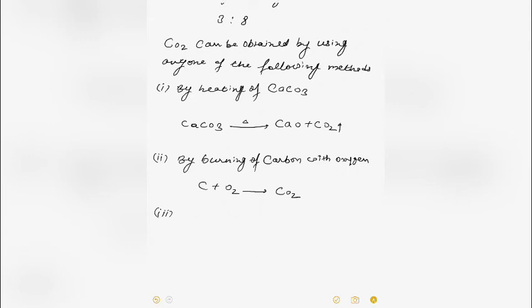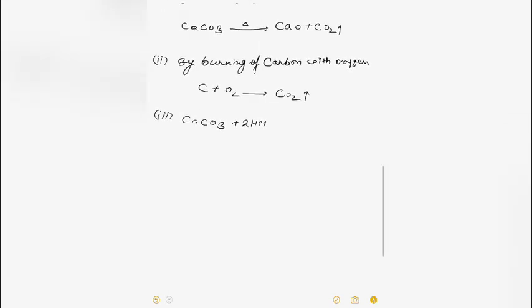Another method of CO2 preparation: calcium carbonate reacts with hydrogen chloride and forms CaCl2 plus H2O plus CO2.